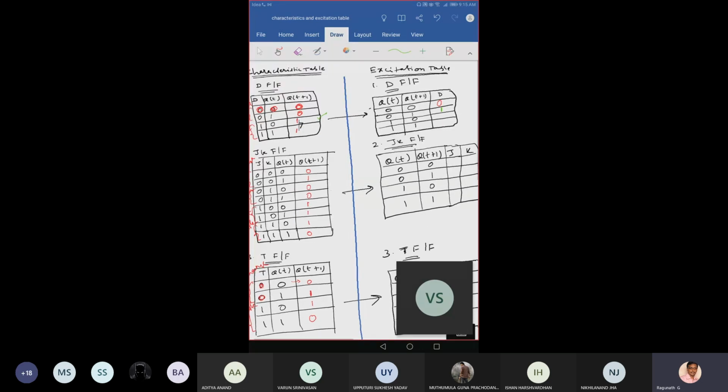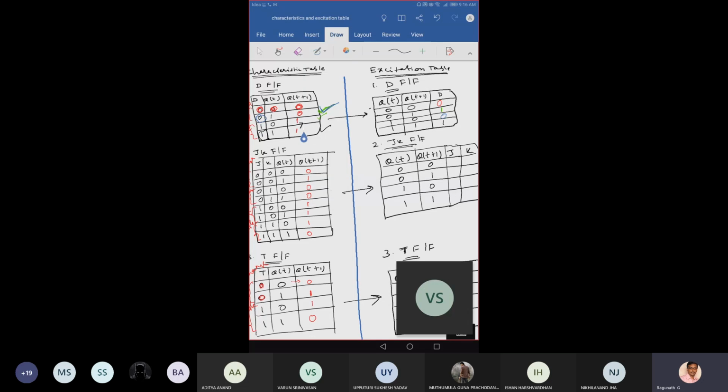That is Q of T is 1 and Q of T plus 1 is 0. What is the D value for that? That is 0. Am I correct? Next, 1 1. Where do you have 1 1 in the characteristic table? The last combination. So the D value is 1.